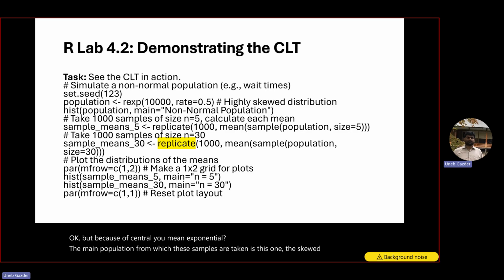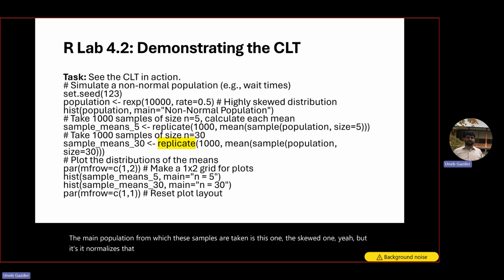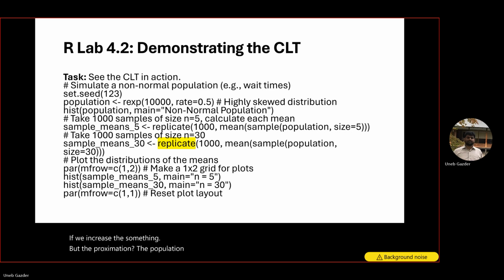It normalizes that. If we increase the number of samples, it will be normal, but the population itself is this. It's already showing the whole population.